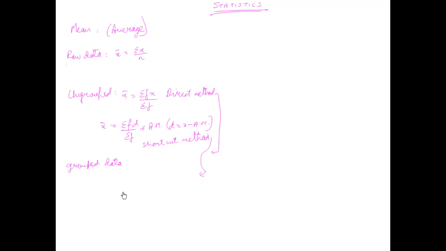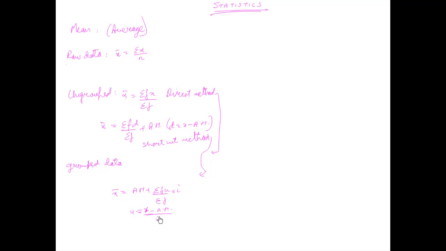We also have the step deviation method, children, which you're going to use very often in grouped data. That's assumed mean plus summation of fu upon summation of f into i, where u is equal to x minus assumed mean upon i.